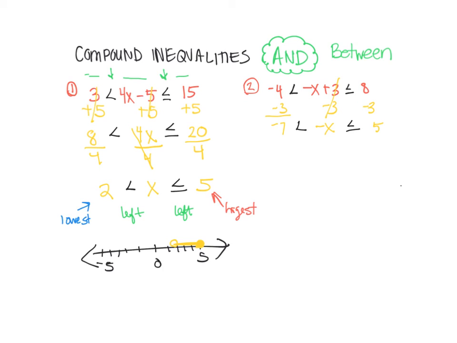And then this is actually a -1x, and so I'm going to have to use my inverse operation here and divide everything by a -1. When I hear divide by a -1, I immediately change the directions of both inequality symbols.